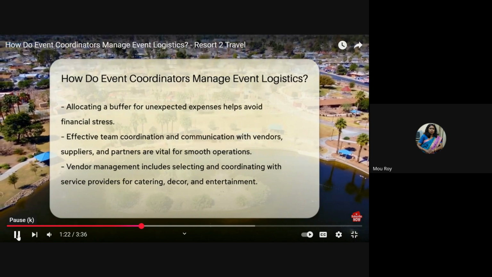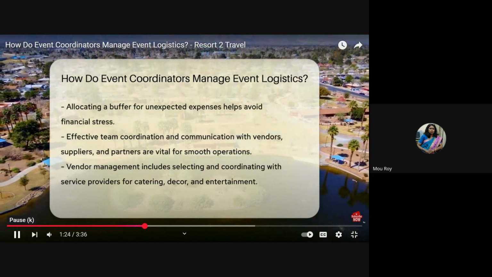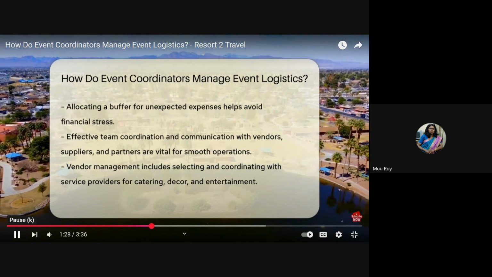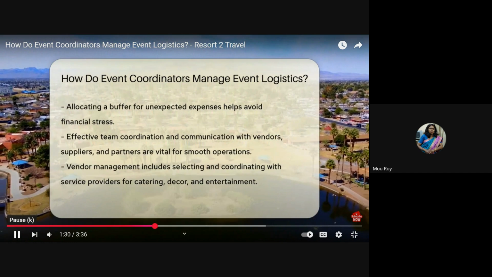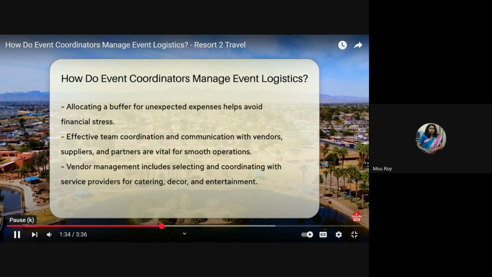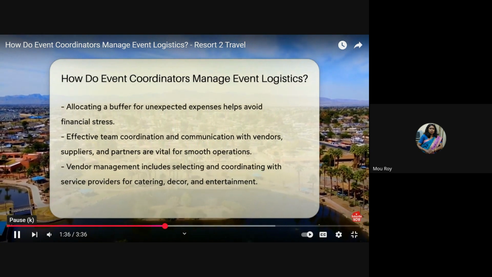They ensure that all stakeholders are aware of their roles and expectations, which helps in maintaining a cohesive and efficient operation.